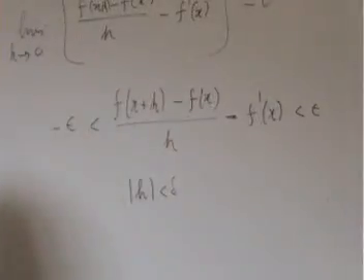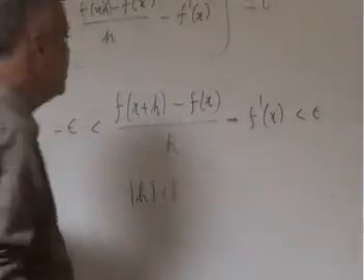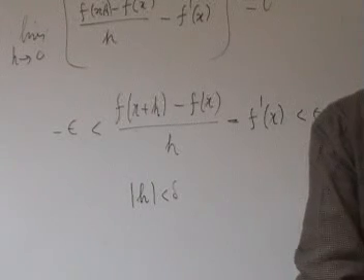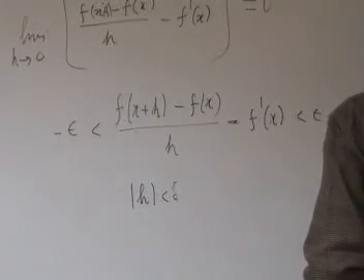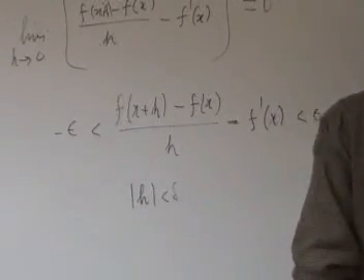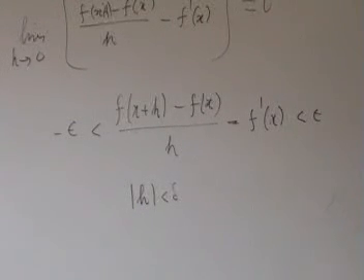Now look at this. What does that really say? Suppose I call this some e of h. What does that say about e of h? Again, e of h goes to 0.